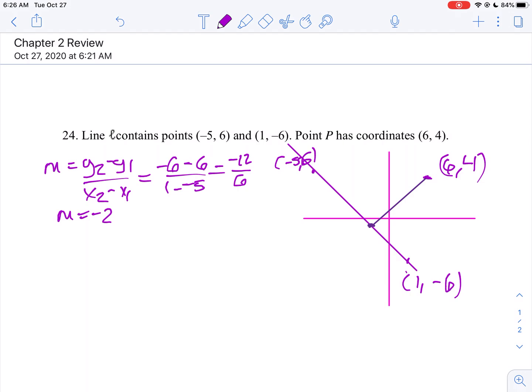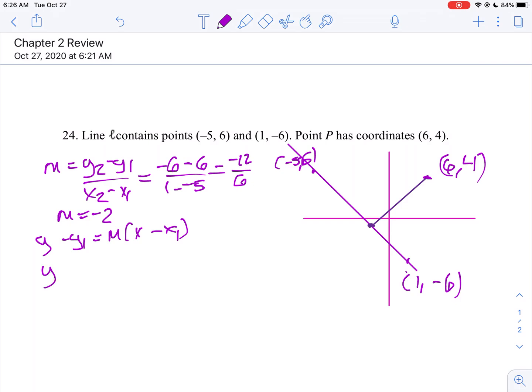Now let's write the equation of this line. Since I've got 2 points and a slope, I'm going to use point-slope form. So y minus y1 equals m times x minus x1. I'm going to use my second point again, 1, negative 6.